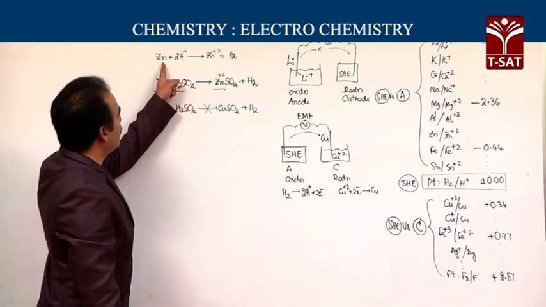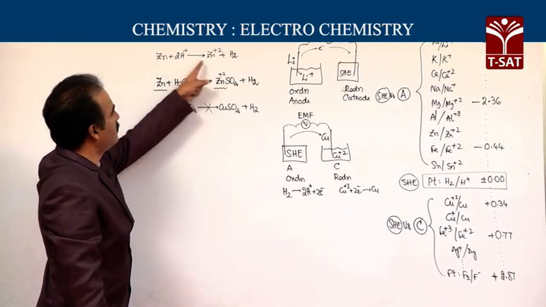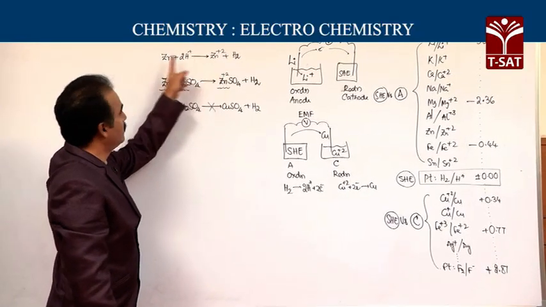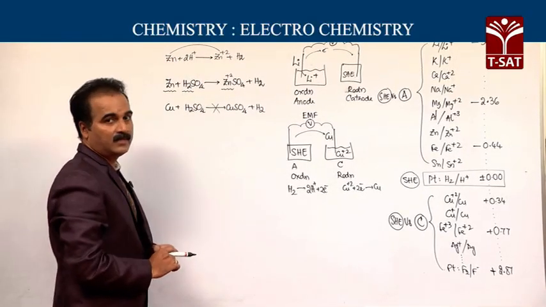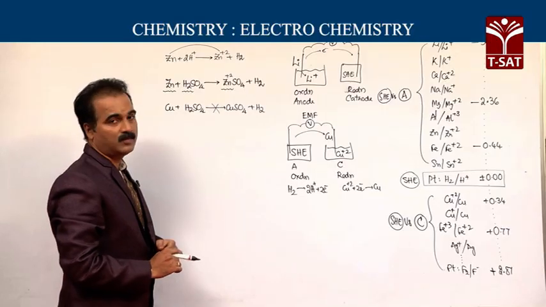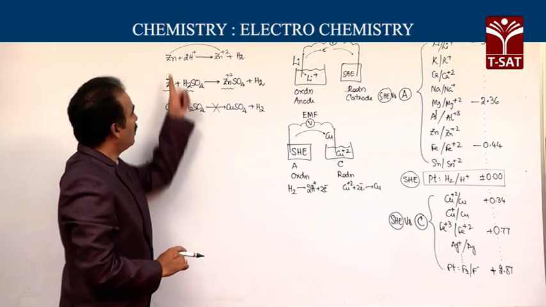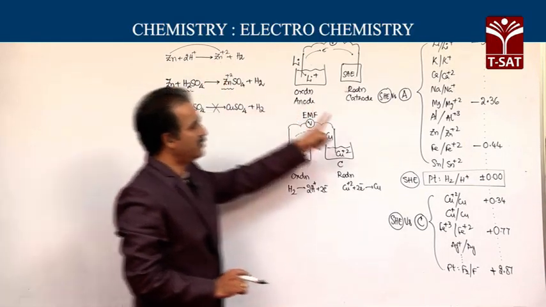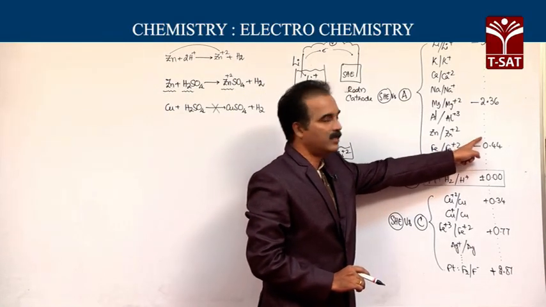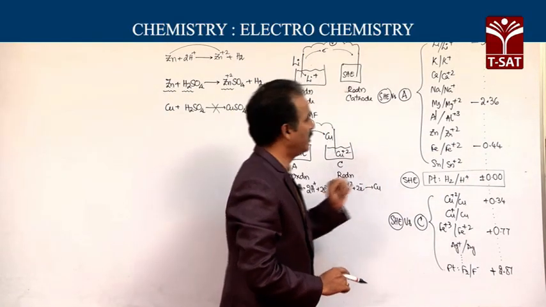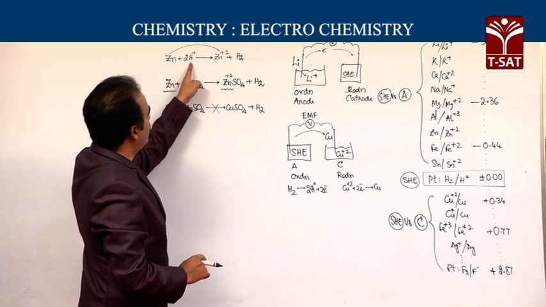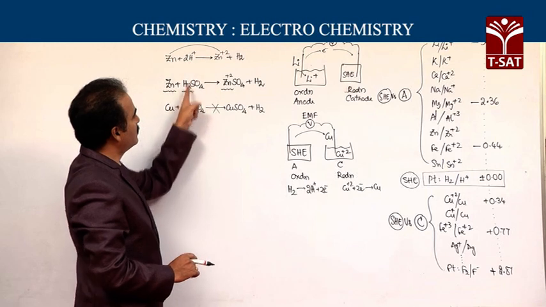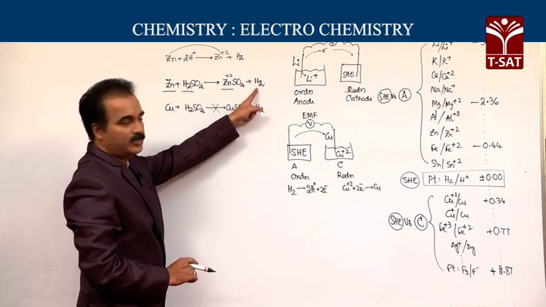It depends on whether zinc acts as anode against SHE or not. If zinc acts as anode, it undergoes oxidation. If it undergoes oxidation, its oxidation potential should be positive, or its reduction potential should be negative. And we know zinc's reduction potential is a negative value. So, this reaction is possible. Zinc can displace H plus ions from any acid as H2.